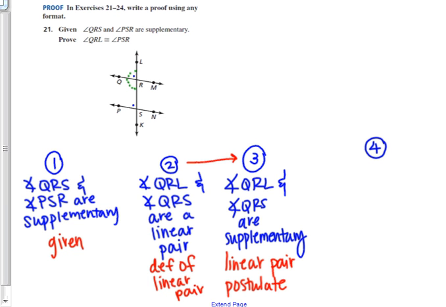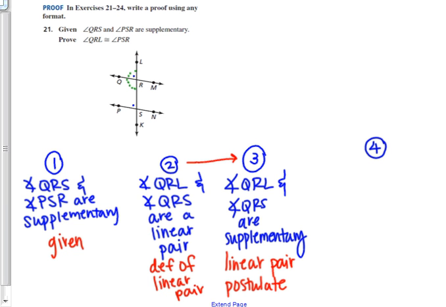Let's think about that. Those two angles form a linear pair in green in the diagram. So if those two angles are supplementary, and I know that QRS and PSR are also supplementary, that was my given. QRS and PSR are supplementary.